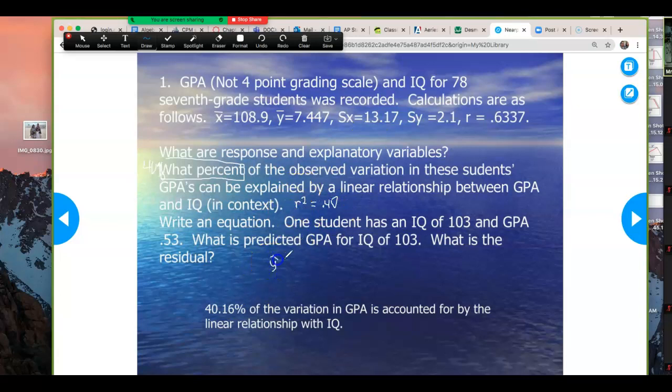So I got B is 0.101. Then 7.447 minus 0.101 times 108.9 gives negative 3.5. And 0.101 was positive, so I put a plus there.